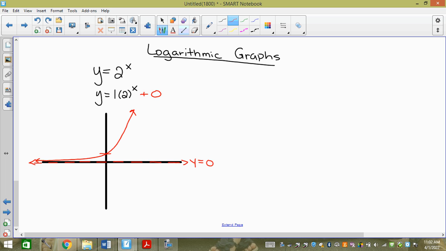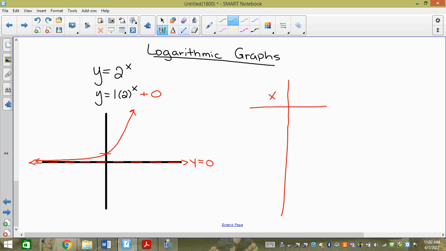Or just second table. Why is mine not moving? Okay, so I'm going to make myself a little table. We're going to see why I make this table.